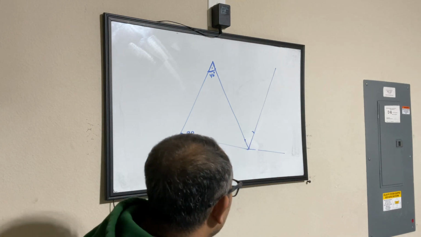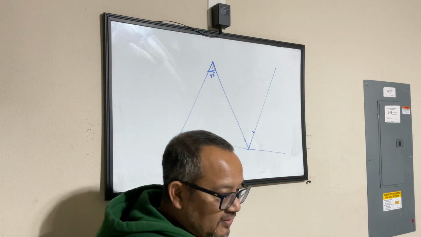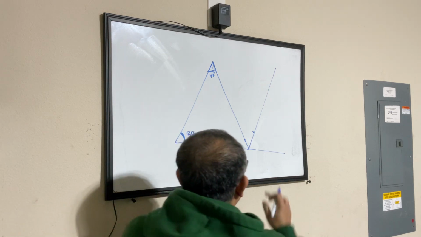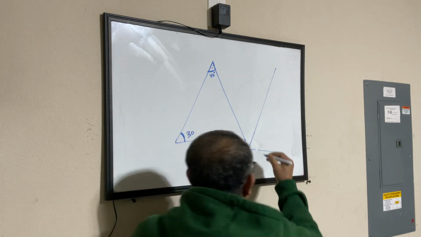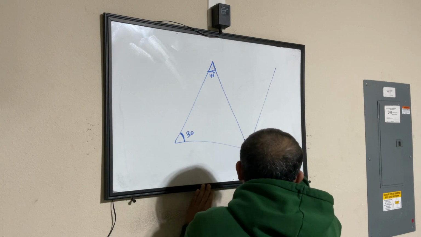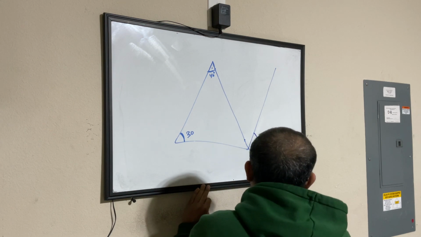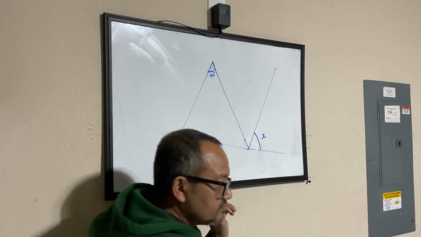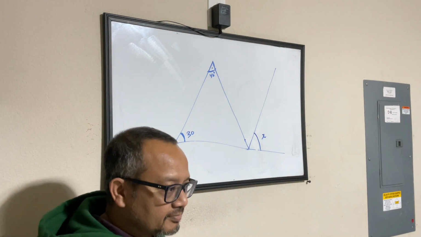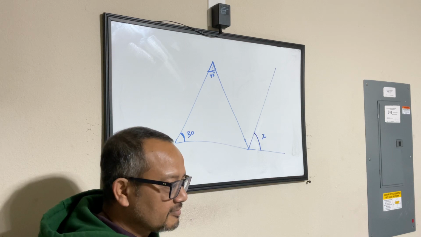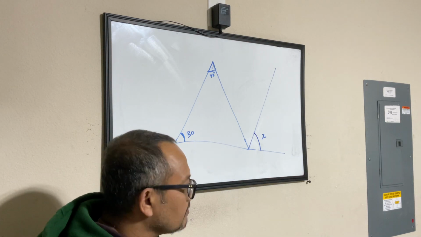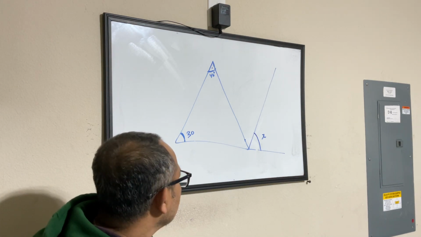Okay? Now, let me make it more interesting for you guys. If I say these two angles are known, tell me the value of this angle now. How much is this angle? Did we count the angle from the last question? Is it half?